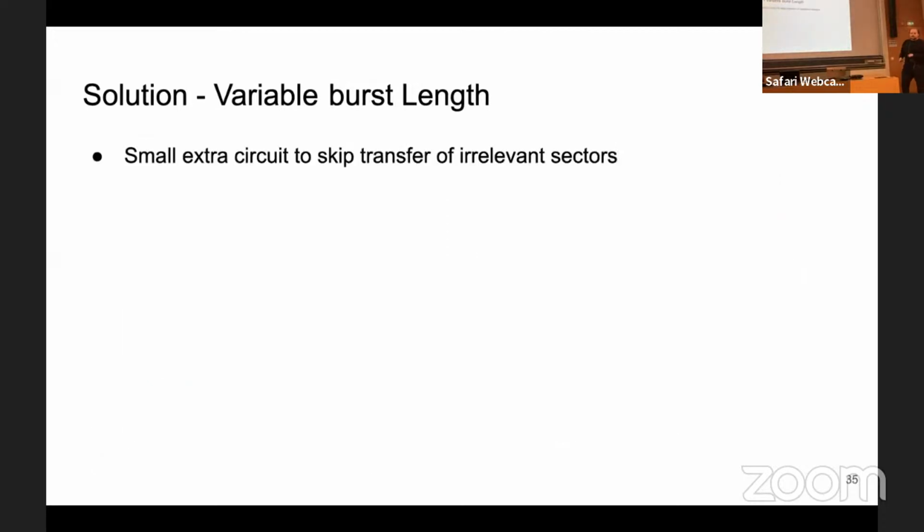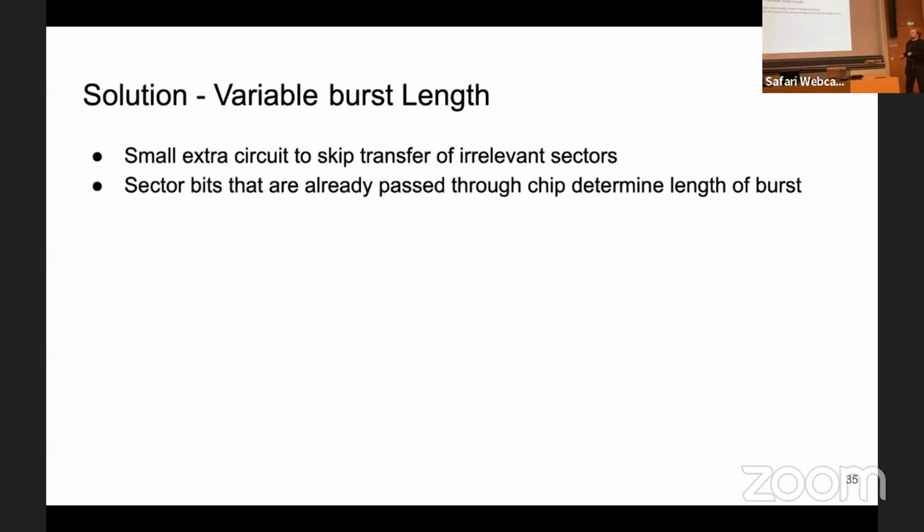Okay, so there's some extra housekeeping that we need to do around this. For this to work, both the processor and the DRAM chip need to know which part of the information is transmitted when, so that if the processor would expect a normal 8-beat burst, then obviously it would get wrong information in wrong places. So we need some extra housekeeping to keep track of this. The sector bits define the length of the information, and that's already passed through every part of the system.